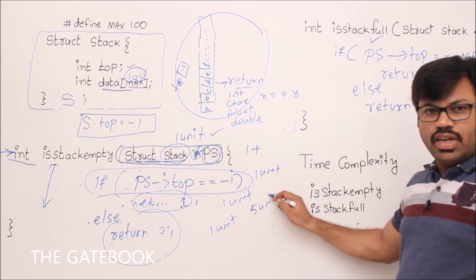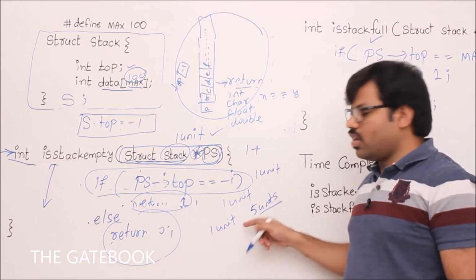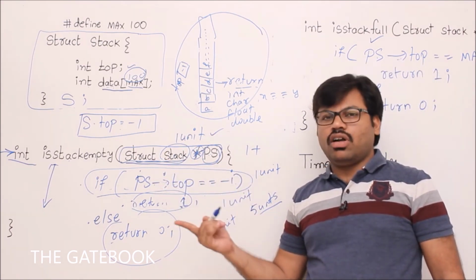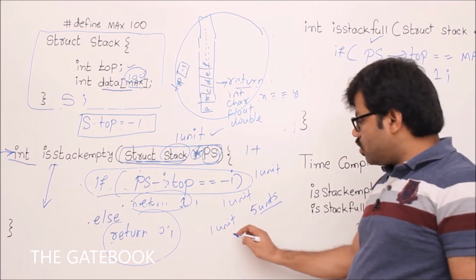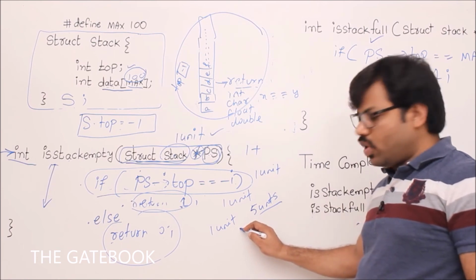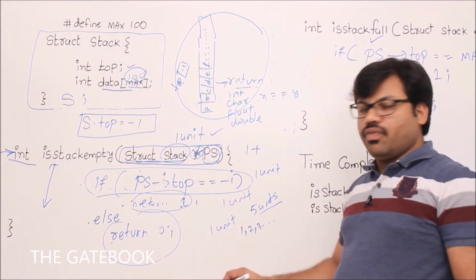Of course we don't do that, but even if I do, it's after all 5 units. 5 is a constant. That's why I can say that this method's time complexity, if it is called, takes only 5 units, also known as constant. Generally, if the time complexity of any program is 1 or 2 or 3, any constant, even 1 crore, we represent it with 1.